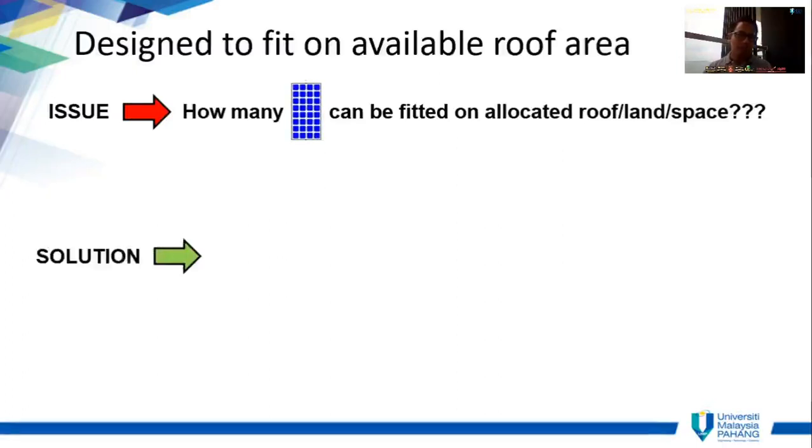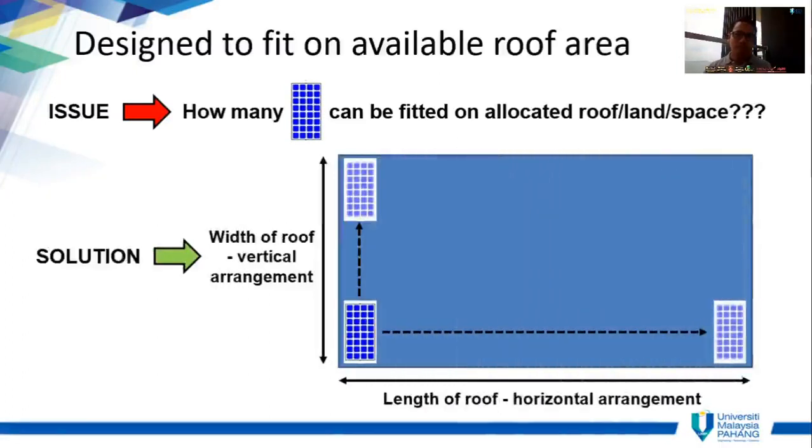As the solution, what should we do? It's very easy. Imagine this is the example of a roof. The width of the roof is the vertical part, and the length of the roof is the horizontal part. So the idea is to fit lots of modules on the roof.